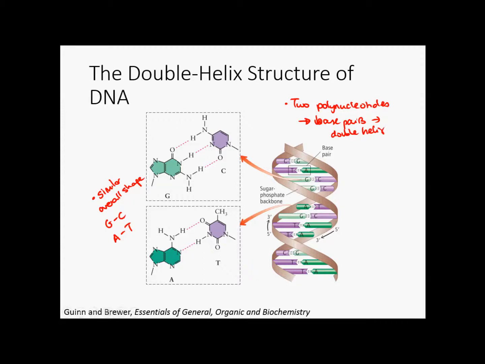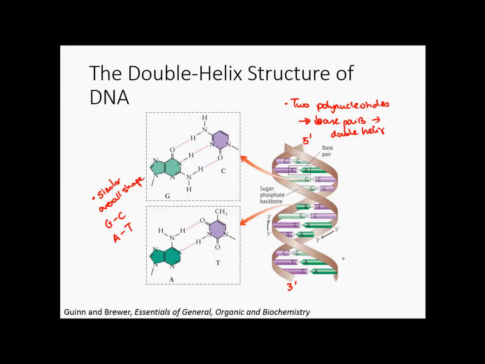And the other thing to recognize is that you've got these pairs stacked together on each other. And then let's look at this. So here I've got my 5' end here, and then it's the 3' end here.